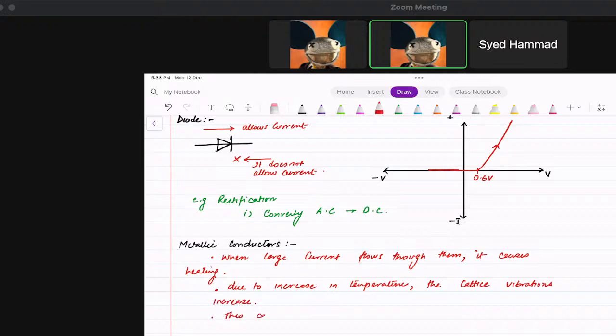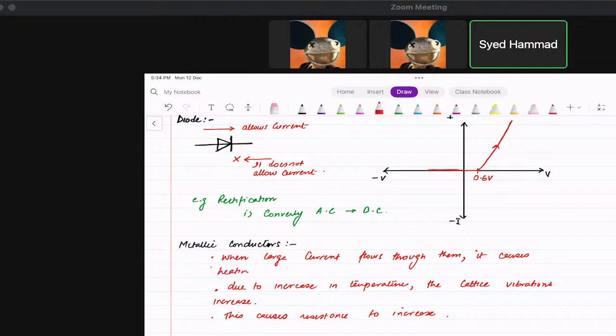This causes resistance to increase. Is that clear? Yes, sir. All right, please write this down.